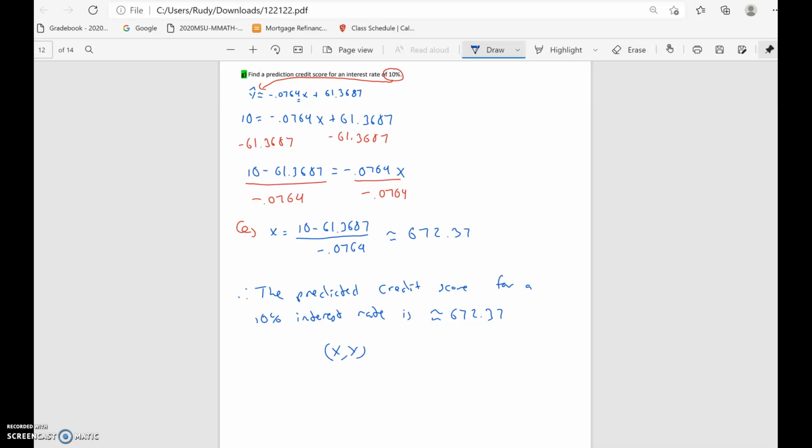And most of these, we're going to want them as x's and y's. So in this case, 672.37, comma 10. That would be our answer.